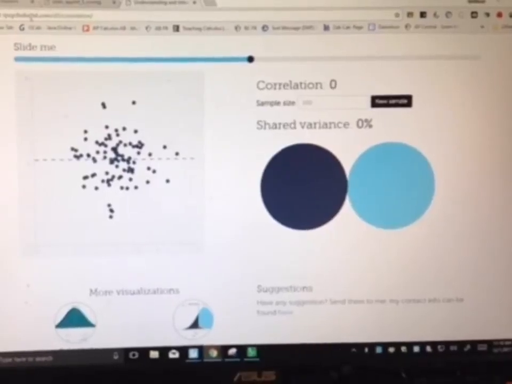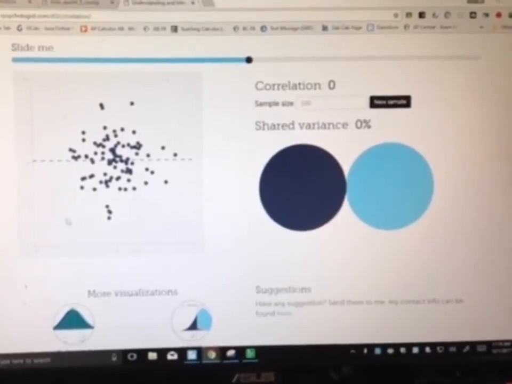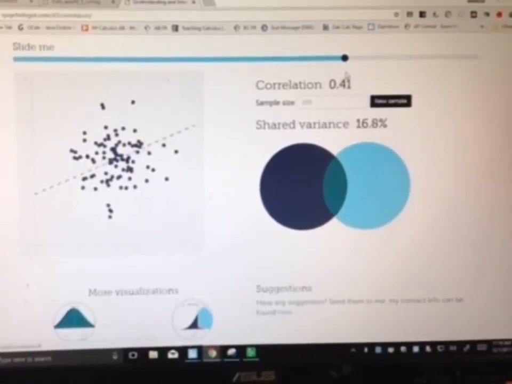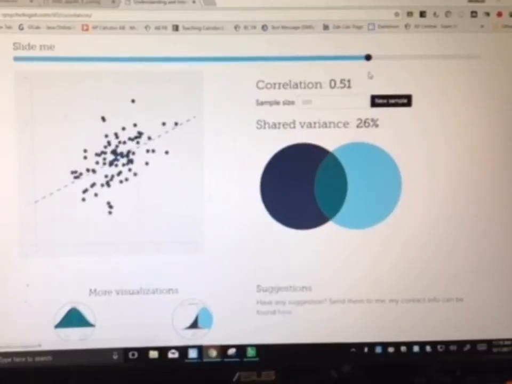Okay, so in this first website that you see, the correlation here is 0. And you can see kind of the smattering of points. Think about what I said about the ellipse that you could draw around. It would look very circular. And as I drag this, I'm going to start moving this towards like 0.5. You'll see the points slide.